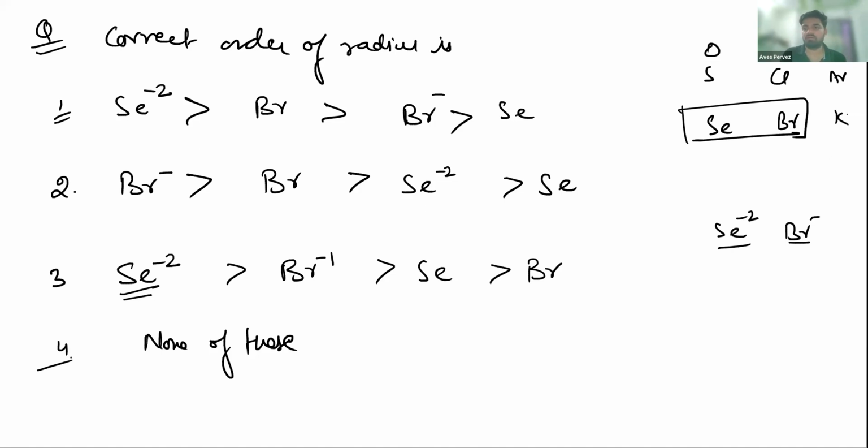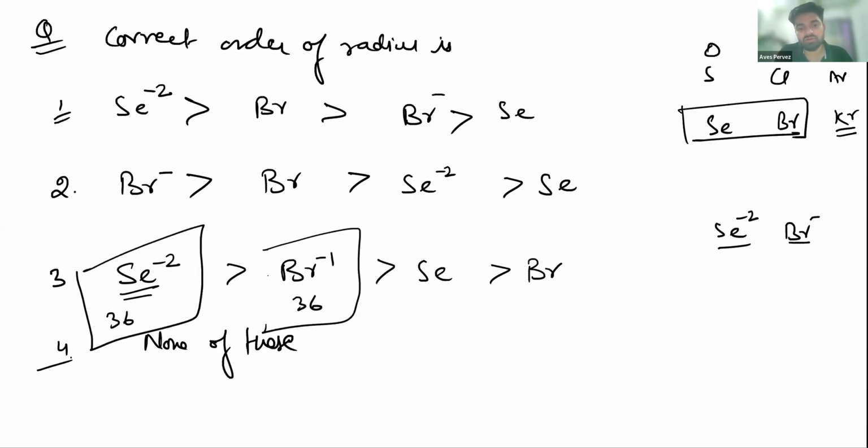So they are going to have the electronic configuration of the nearest noble gas, that is 36. So this is going to have 36 electrons, this is also going to have 36. Both have 36, but this will be the smaller in size, because the greater number of protons are attracting the electrons more.